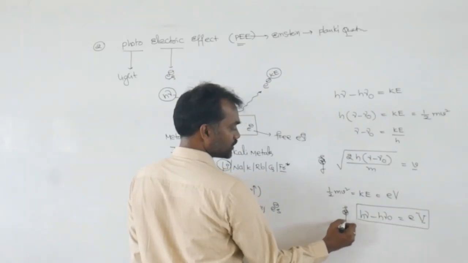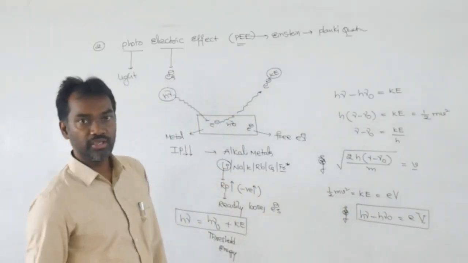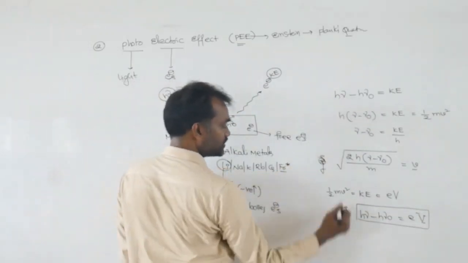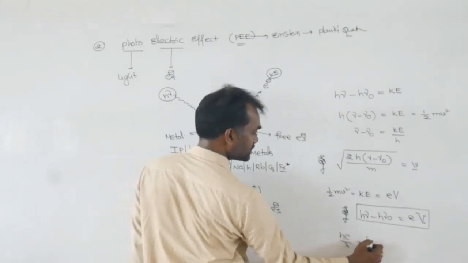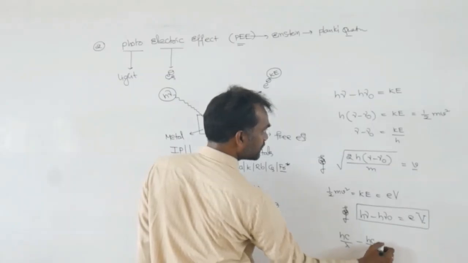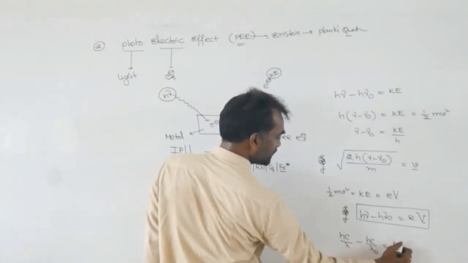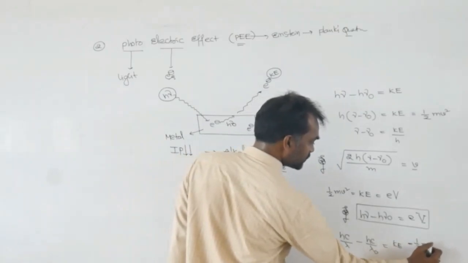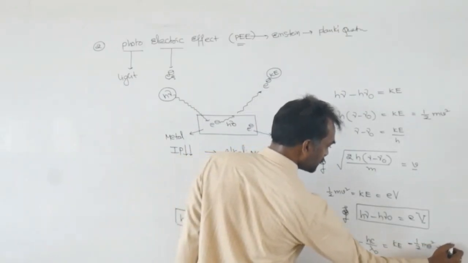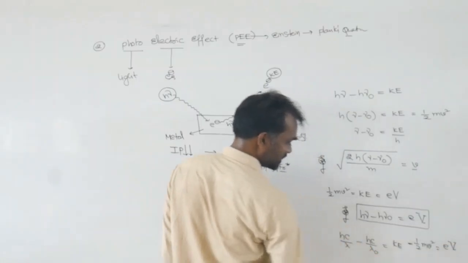That is also one formula. Next, nu equals c by lambda. h nu, you can write as hc by lambda minus hc by lambda naught equals kinetic energy. You extend it with half m v square or with charge into potential.